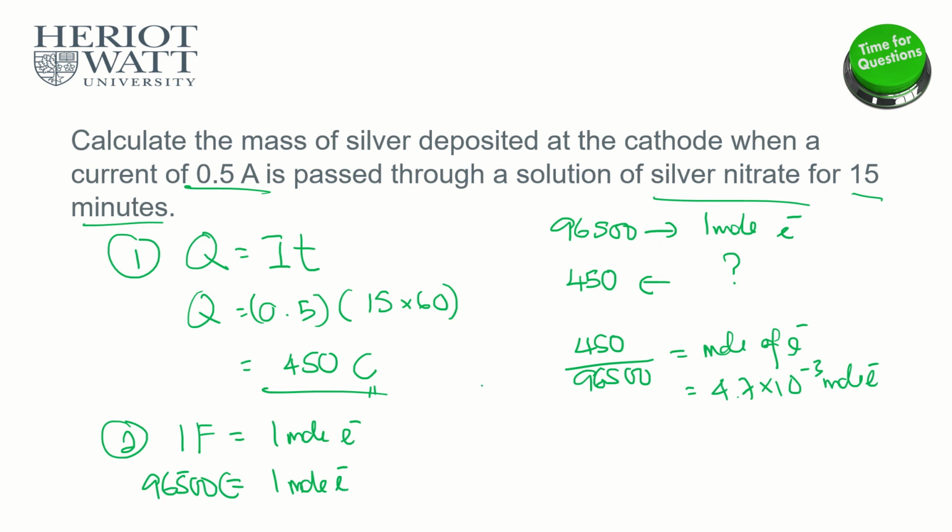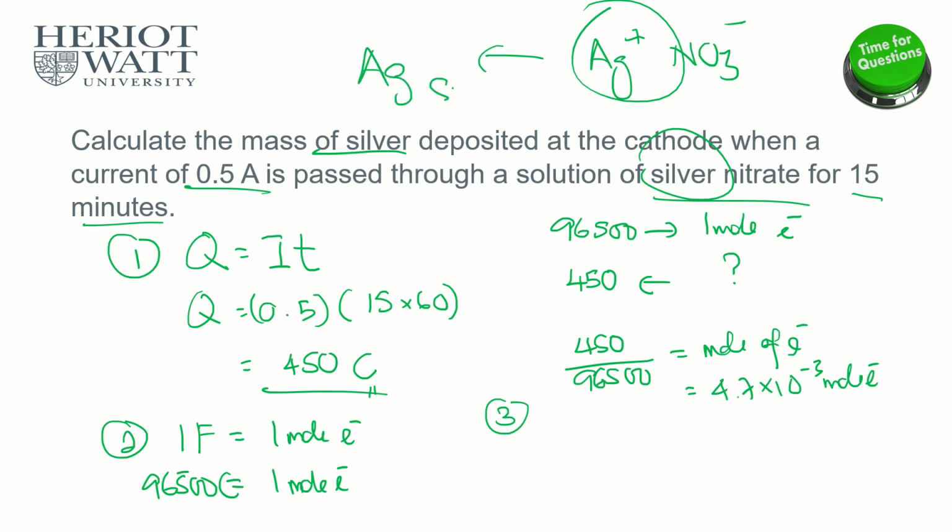That's step 2, right? Step 3. What they are looking for is the mass of silver. So we need to write out the half equation for the reduction of silver ions, because initially we are using silver nitrate, which is Ag plus, NO3 minus. So we are changing Ag plus into solid Ag.